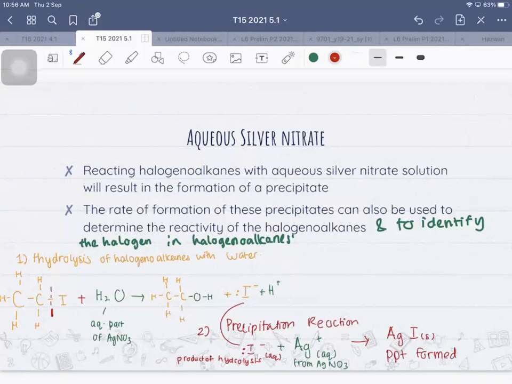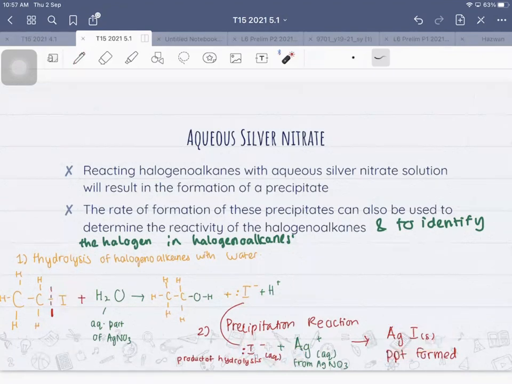So this works with other types of halogenoalkanes as well. If you change the iodine with bromine, the carbon-bromine bond will break. You would produce bromide ion. The bromide ion will react with the silver ions from the silver nitrate, and you will form silver bromide, which is cream in color.